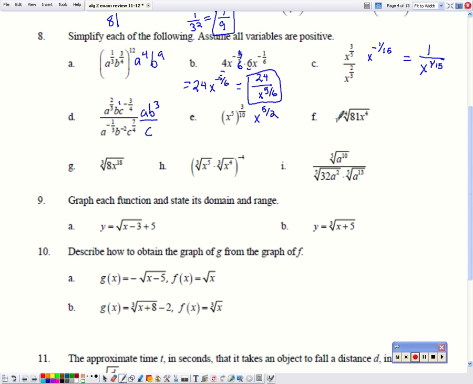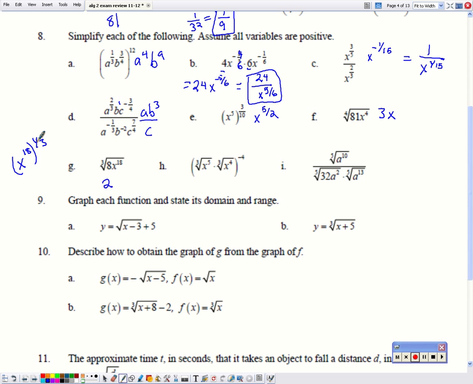Letter F. The 4th root of 81, I know, is 3. The 4th root of x to the 4th is just x. The 3rd root of 8 is 2. Now, I don't really know what the 3rd root of x to the 18th is, so what I'm going to do off to the side is say, all right, I've got x to the 18th, and I'm going to think about this cube root as a 1/3 power.